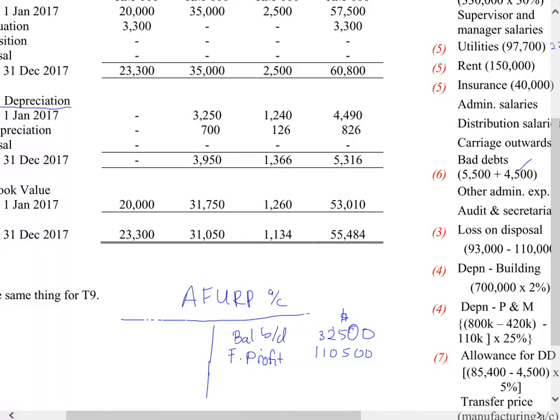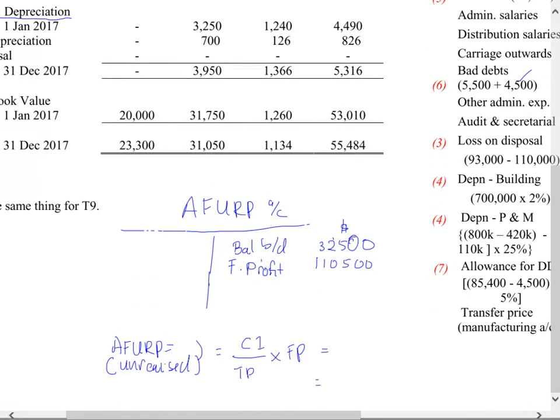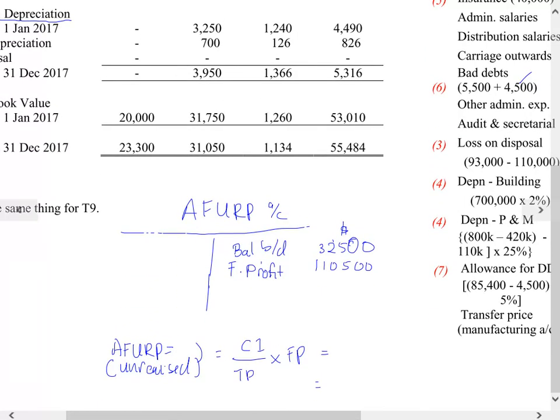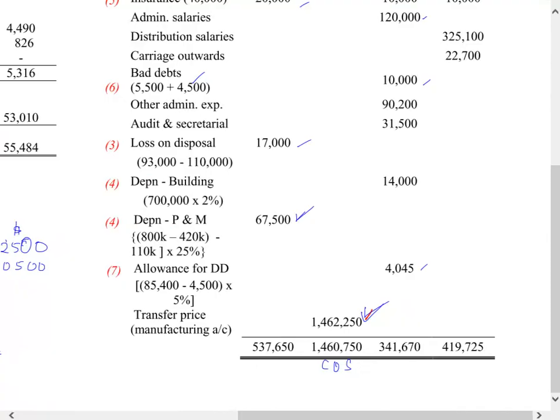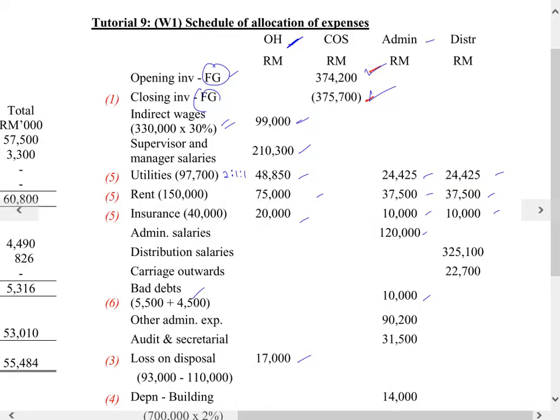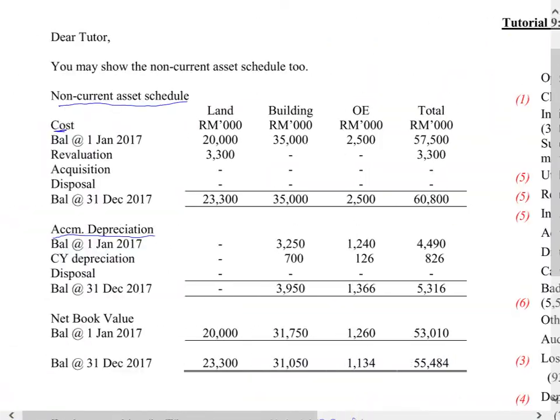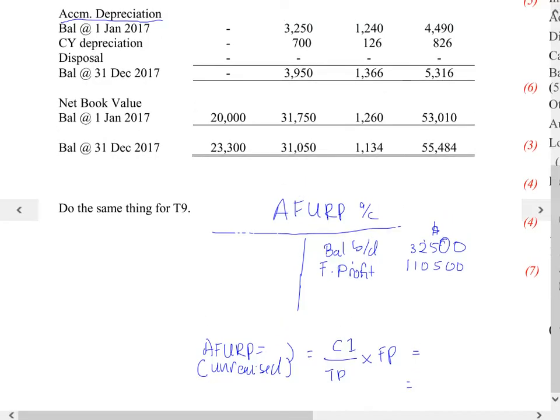So I already recorded 110 profit. However, there are some unsold. How much is unsold? Closing finished goods 375. Closing inventory, transfer price, factory profit. 375,700 closing divide by transfer price.